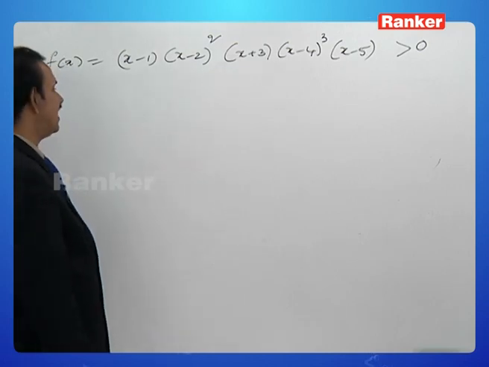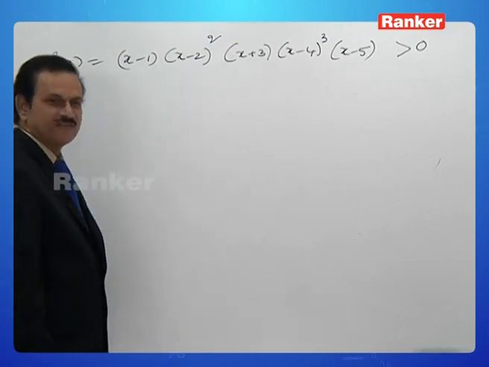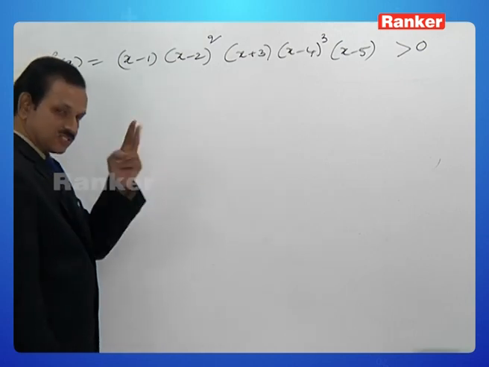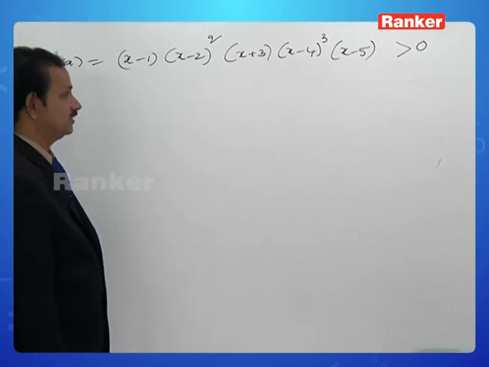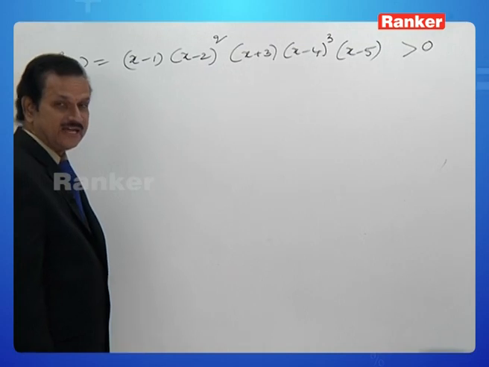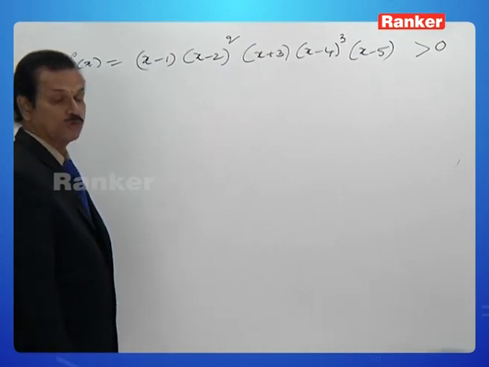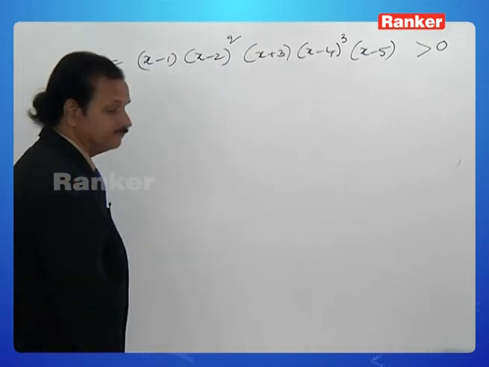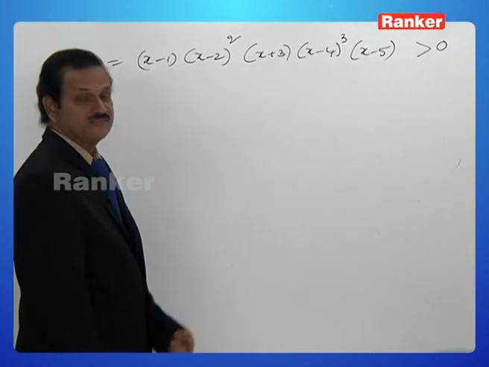What type of speciality are you able to observe in this expression? X minus 2 occurs twice, that is why the whole square is present. X minus 4 occurs thrice, that is why you are able to have x minus 4 whole cube.